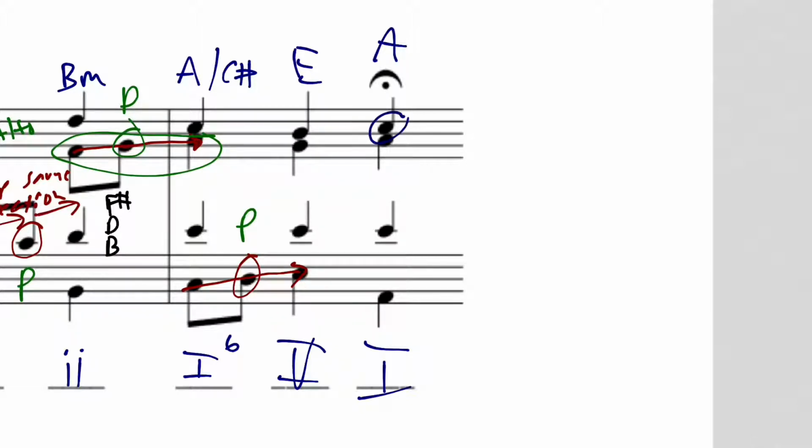But look at this, it's got a C sharp on the top. It doesn't have an A on the top. And because of that, even though both chords are in root position, the cadence type would be an imperfect authentic cadence, an IAC. Again, because you would have to have an A as the highest note as well to make it a perfect authentic cadence.